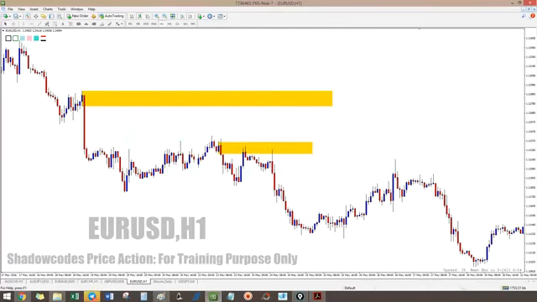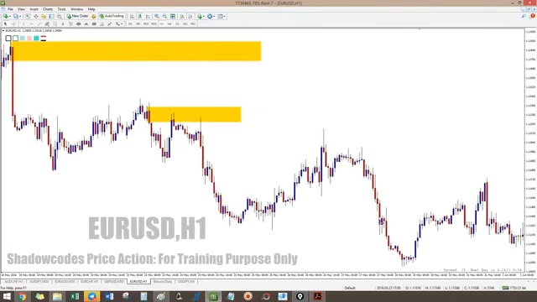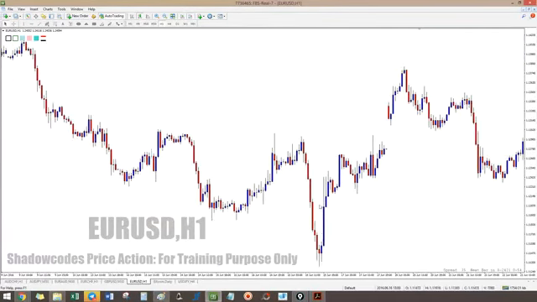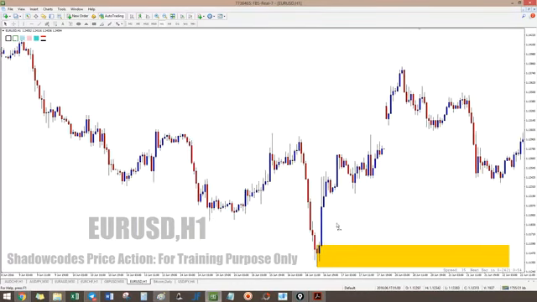Okay. So let's find the demand zone. Okay, it's a bear, bull. Okay. So your demand zone is over here in the second candle, the middle candle. Okay.